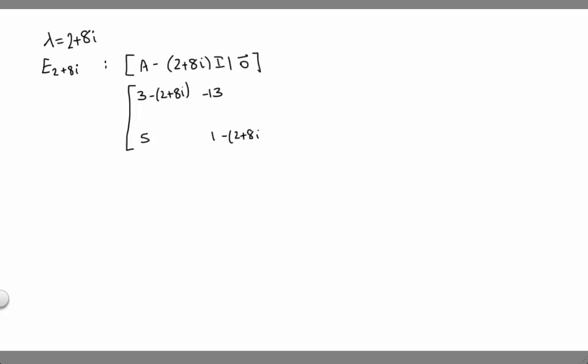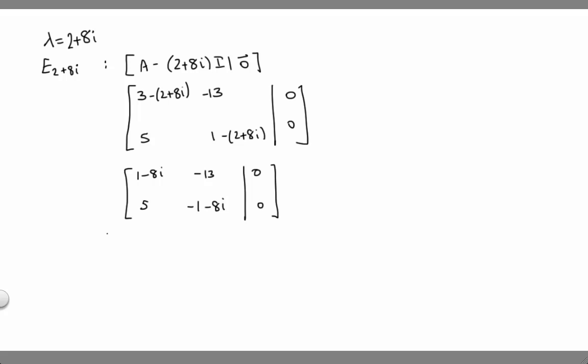So both the 2 and the 8i need to be subtracted here, so we'll do that simplification in the next step. All right, so diagonal entries are now going to be 1 minus 8i and minus 1 minus 8i. Off diagonals will stay the same, and we got our zeros here.